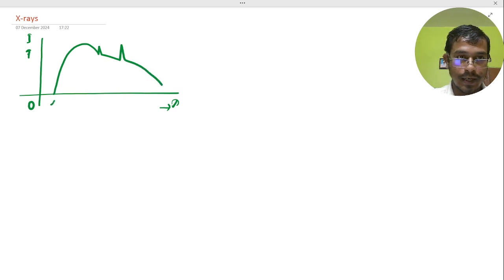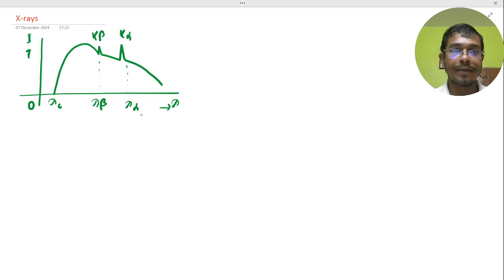This is lambda c, this is lambda beta, and this is lambda alpha, these are the K beta and K alpha parts.